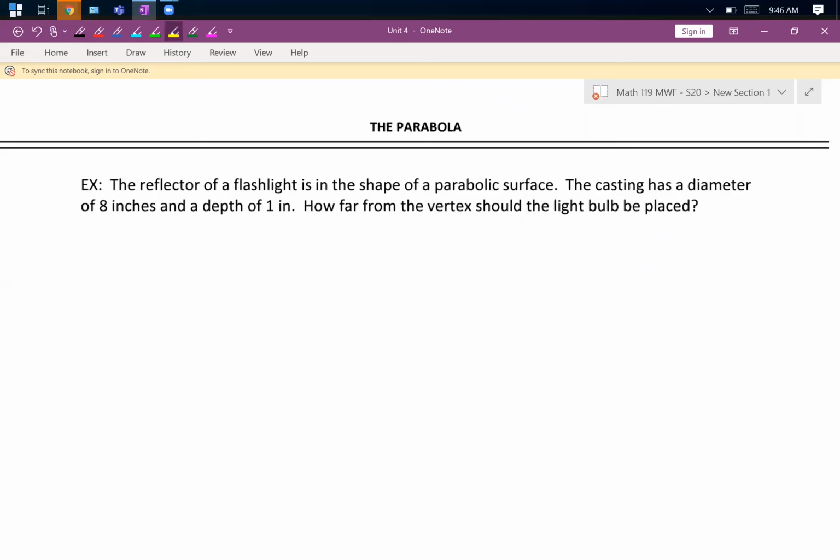Anything like the light bulb in a flashlight, the little thing that sticks out of your satellite dish, anything like that where you're working with a parabolic surface, this thing in the middle, this focus light or focused signal, should always be located at the focus.